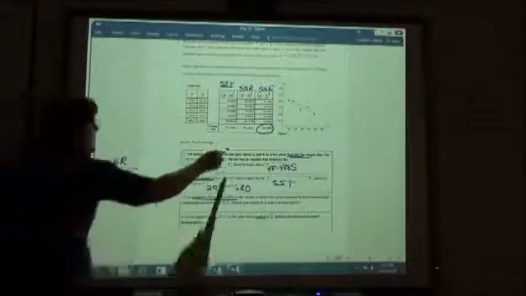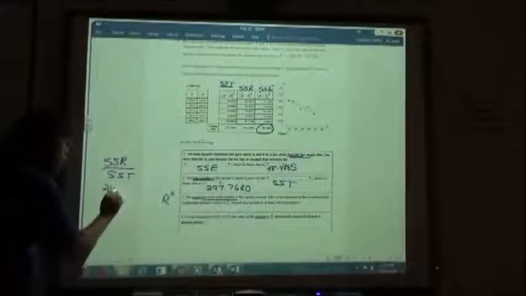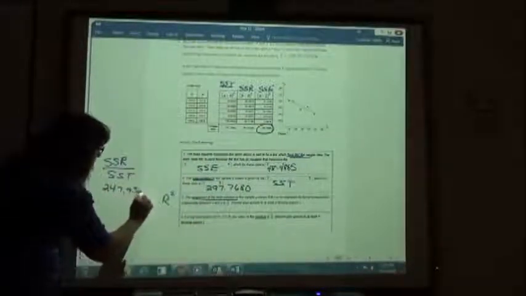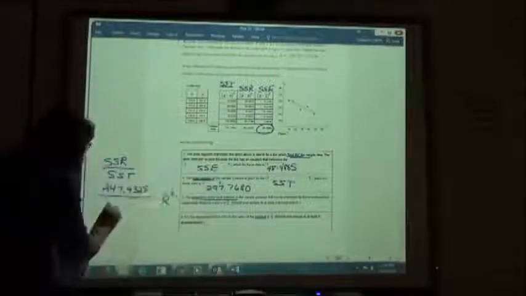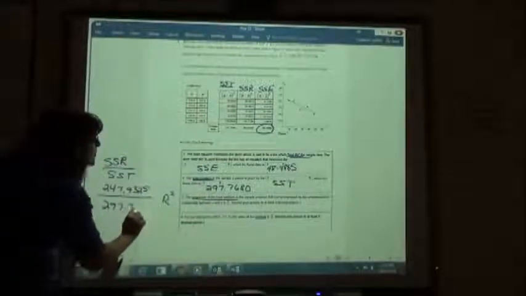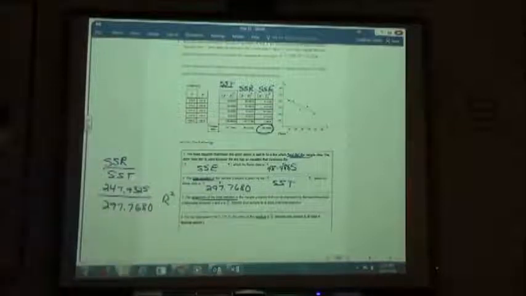So in this case, we're going to take the 247.9325. We're going to divide it by the sum of square total, which is 297.7680. So we're just going to divide those 2 numbers. Go ahead, grab your calculator, punch that in.